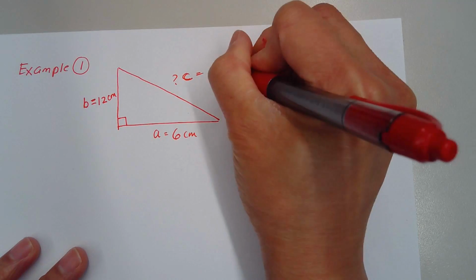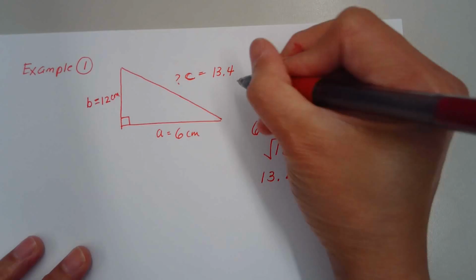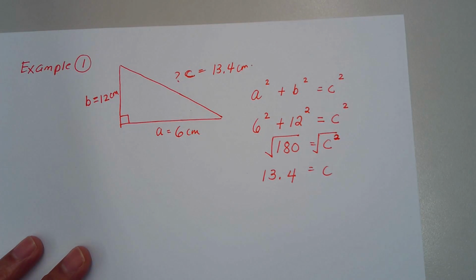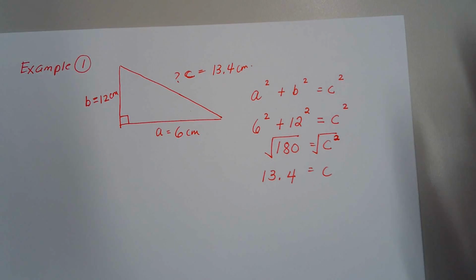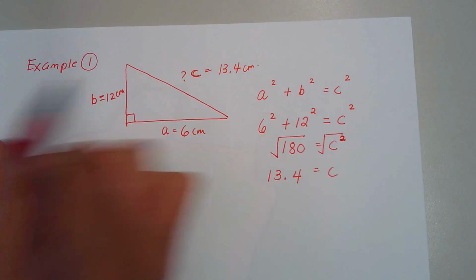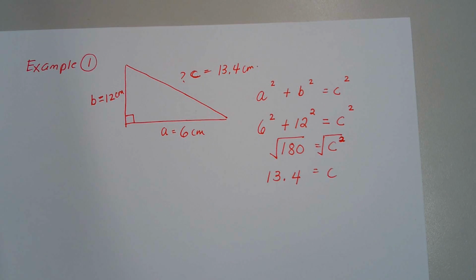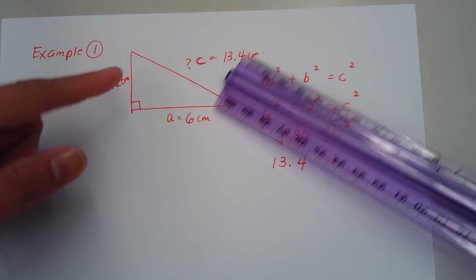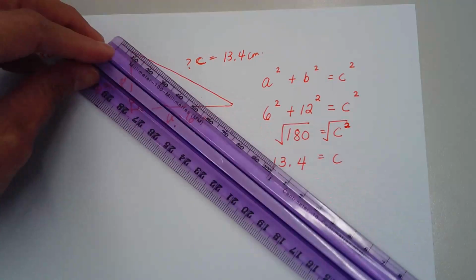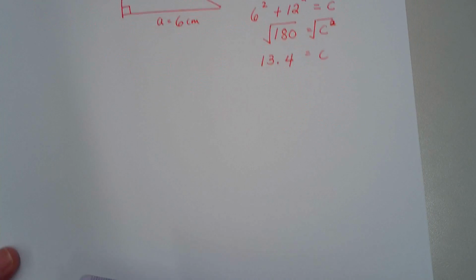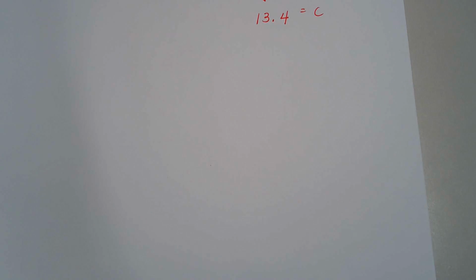13.4 centimeters. Now do you believe that this is really 13.4? No, right? Because this is really not to scale. So I'm going to draw it out, 6 in scale.